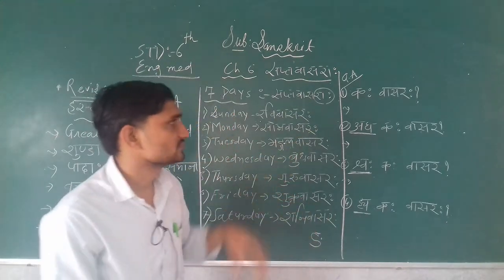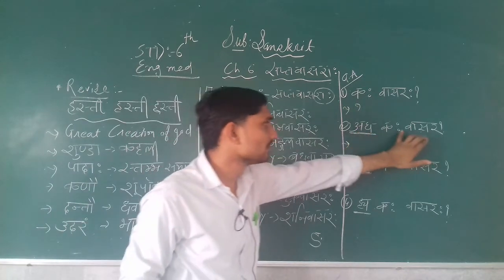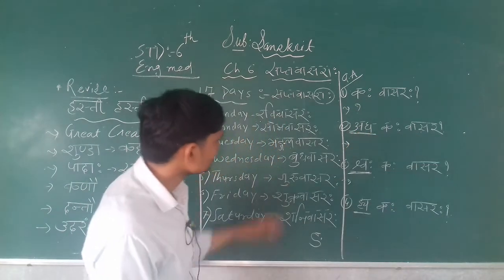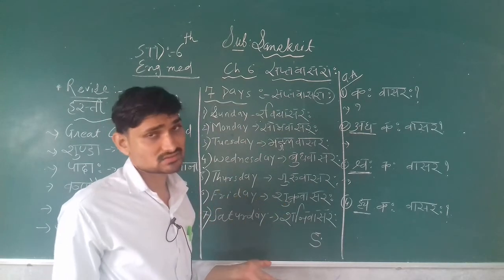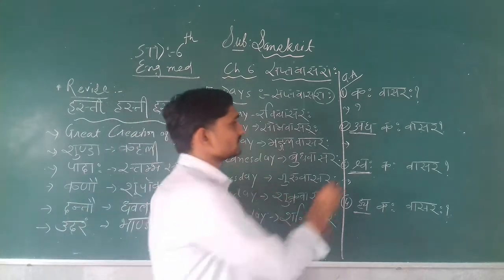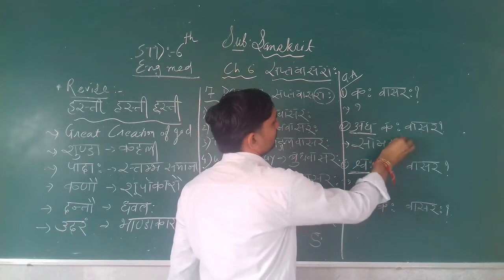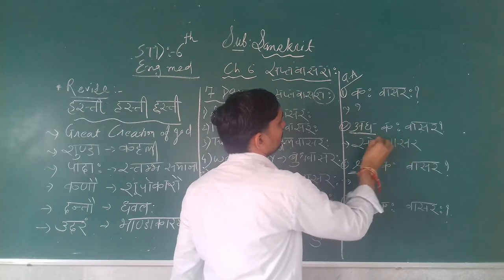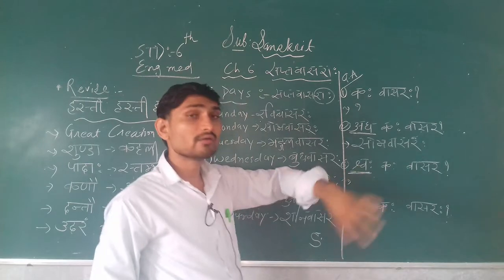Okay, students. First question understood here. Next, this is most important, adya kah vasaraha. See, for example, I am writing from this. Someone asks adya kah vasaraha, meaning which day is today. So, for example, Somavasara. Then someone says adya Somavasara.